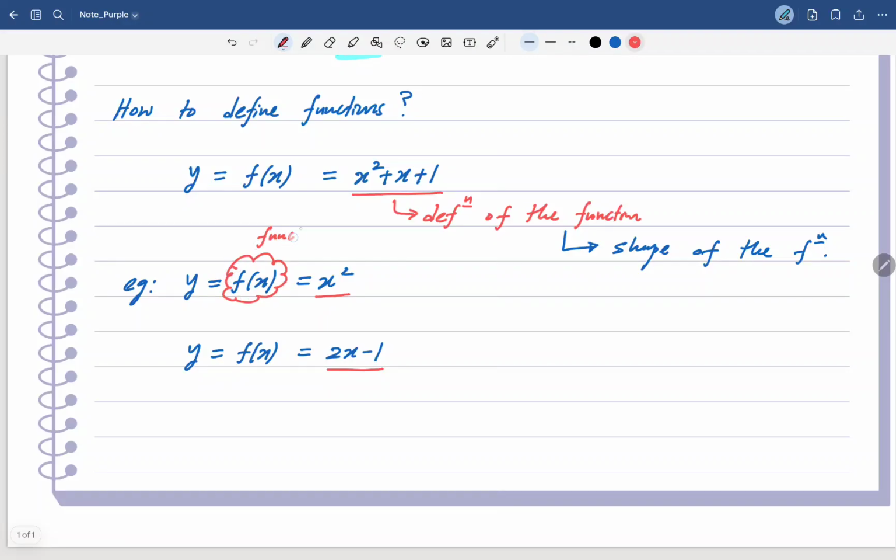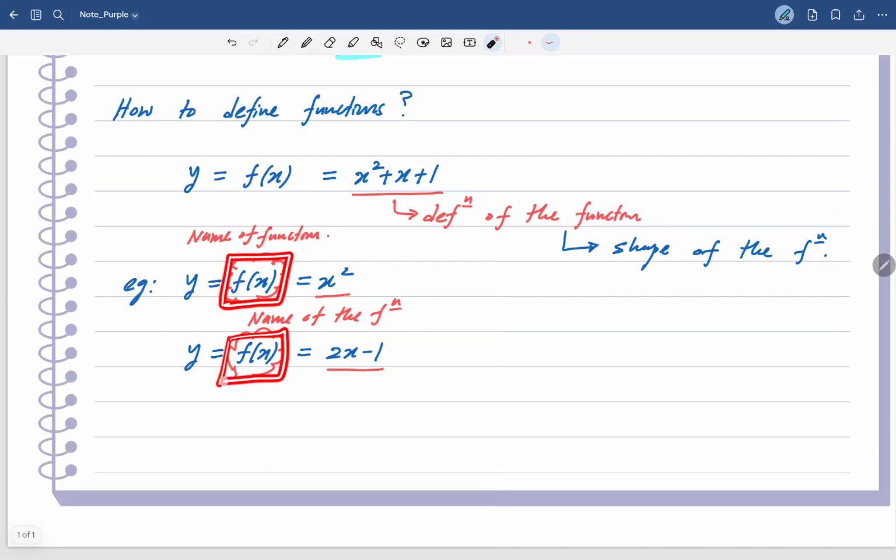This is actually called the name of the function. These are the same name. This one is also the name of the function. Now, you can see the names are the same.